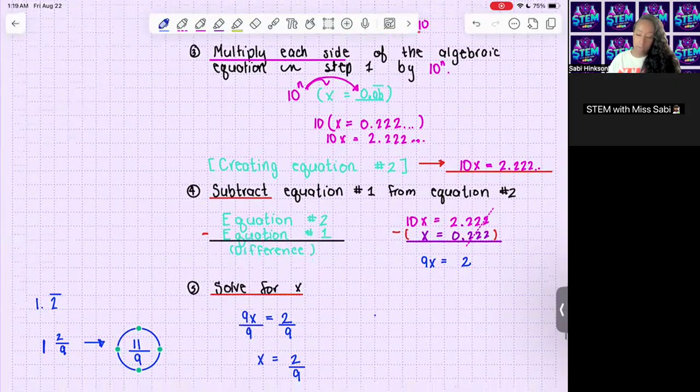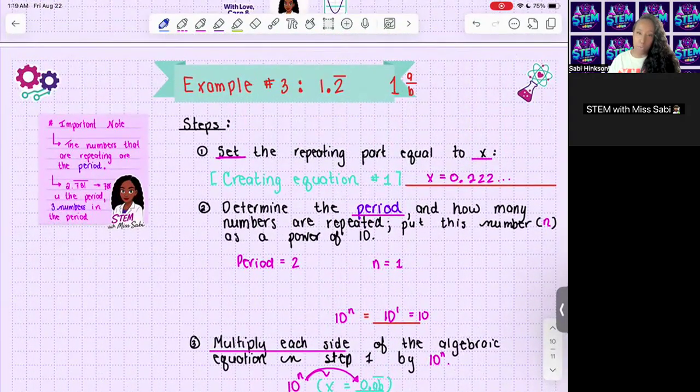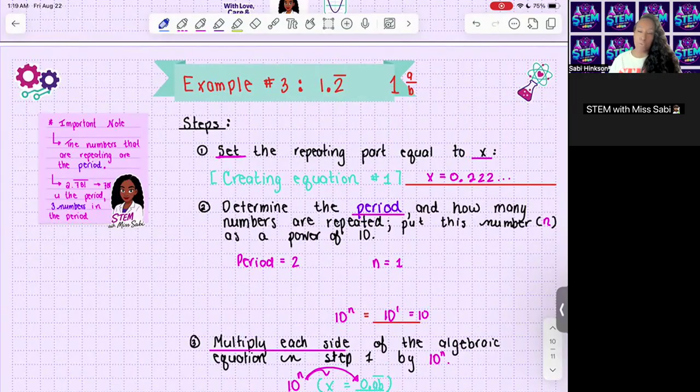So we converted 1.2 repeating into a fraction. So remembering that we forget about the 1 when we do this whole technique to convert into a fraction, because the 1 is the whole number. It's not repeating. It's not the problem. It was the 0.2 repeating that was the problem.